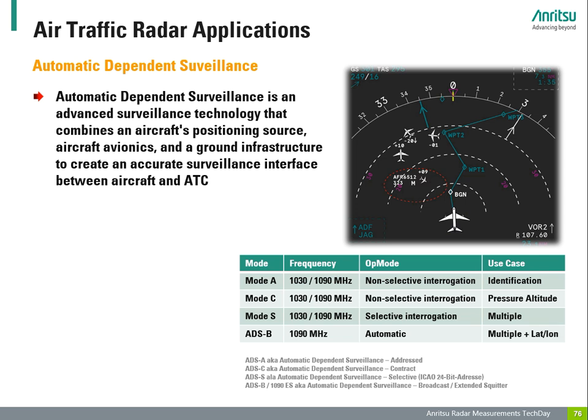Automatic Dependent Surveillance Broadcast, ADS-B, is a surveillance technology and form of electronic conspicuity in which an aircraft determines its position via satellite navigation or other sensors and periodically broadcasts it, enabling it to be tracked. The information can be received by air traffic control ground stations as a replacement for secondary surveillance radar, as no interrogating signal is needed from the ground.